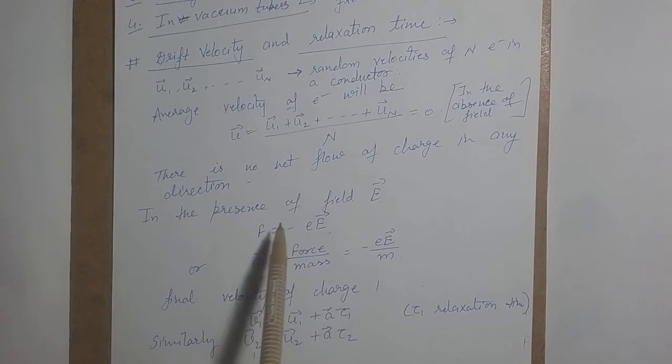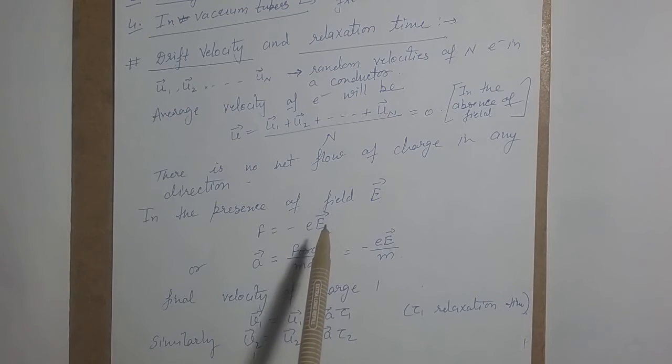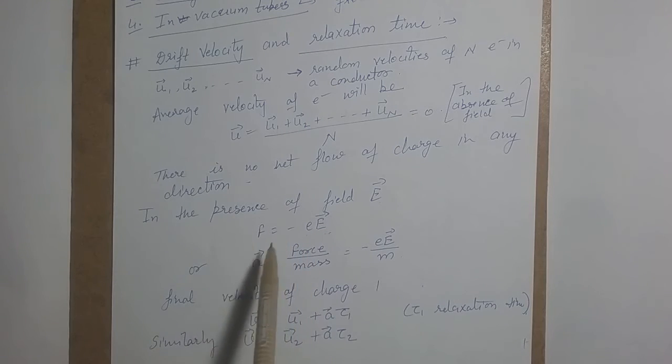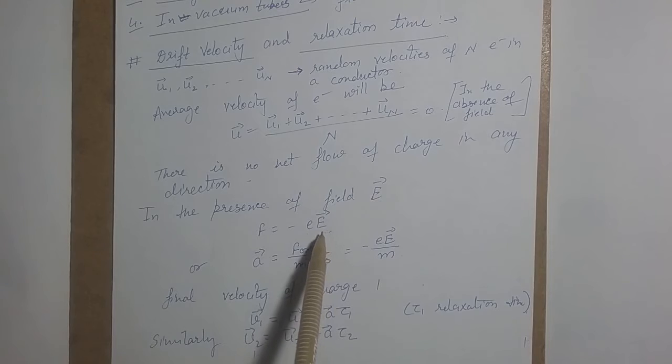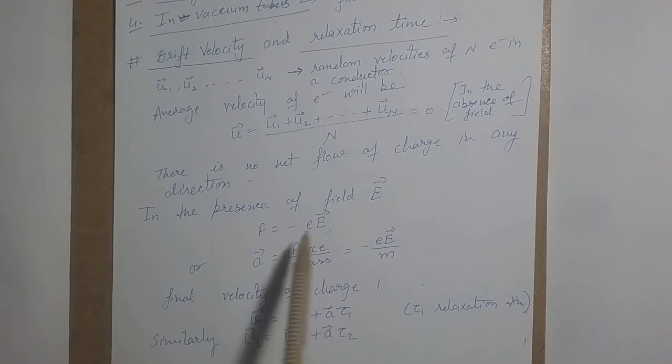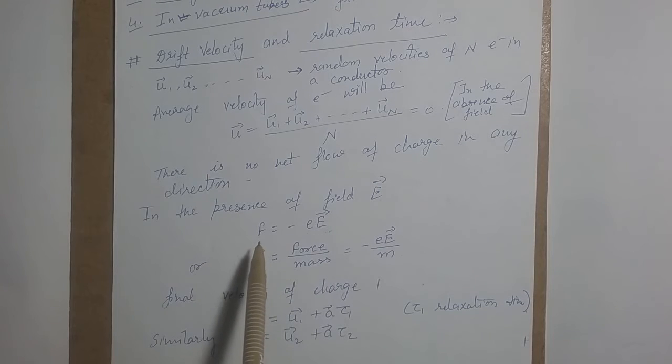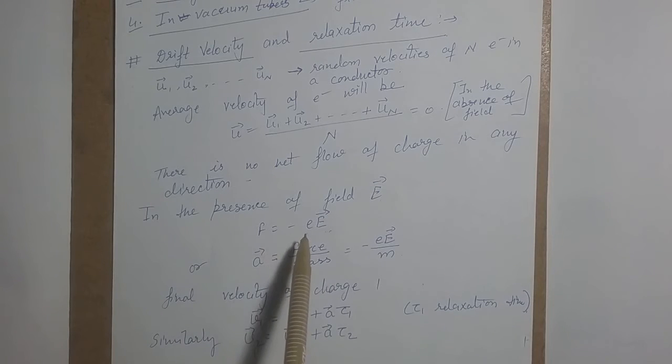Now, why is this minus here? Because the electrons are moving opposite to the direction of the electric field. The direction of the electric field is from positive to negative, and electrons move from negative to positive. That's why F is equal to minus eE.